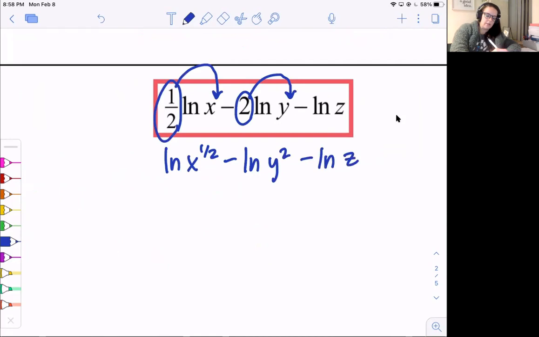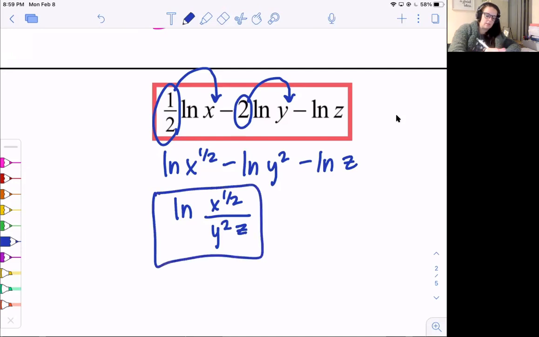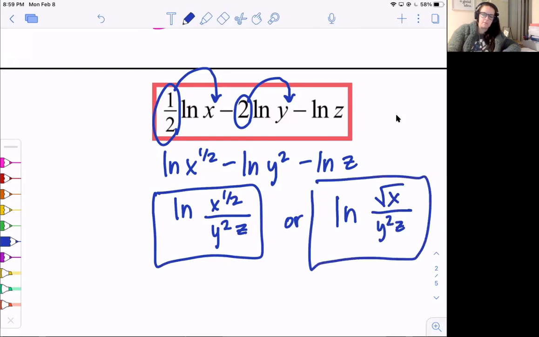So I would have the natural log of x to the 1/2 over, since minus means division, y squared on the bottom, and z is going to be on the bottom as well. You could write it like this, or you could also put it in square root radical format, over y squared z, something like that.